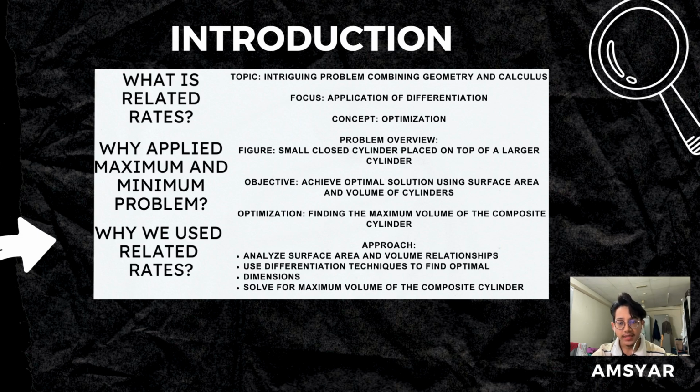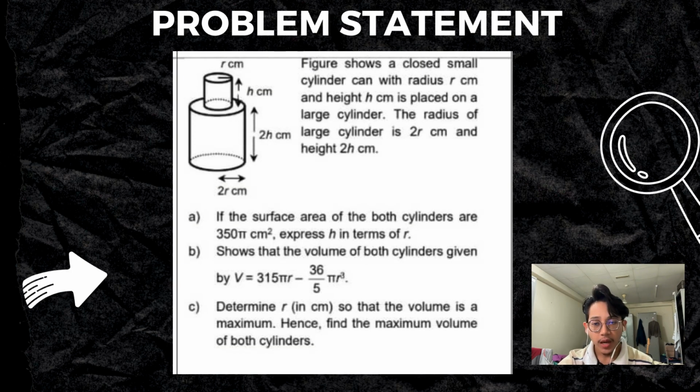We begin by examining a figure that shows a small closed cylinder placed on top of a larger cylinder. The problem challenges us to work with the surface area and volume of these cylinders to achieve an optimal solution. Azami will start addressing part A of the problem, which is to express the height h of the small cylinder in terms of its radius r, given the total surface area.